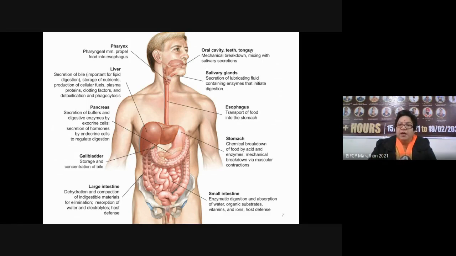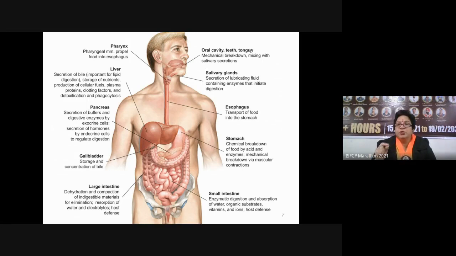So what is the role of our oral cavity? It is the mechanical breakdown, because we cannot just swallow the food, it has to be broken down, and for that purpose we have got the teeth. So mechanical breakdown, mixing with the salivary secretions.